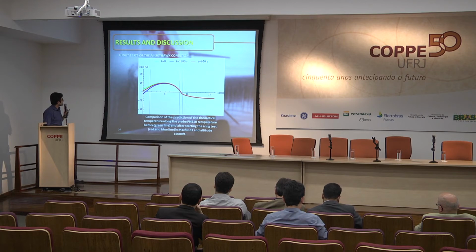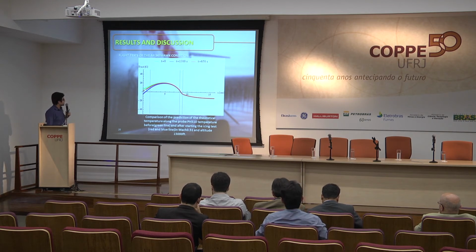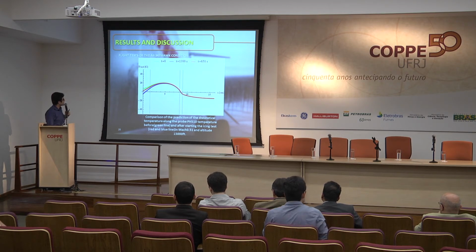In this one, we compare the prediction of theoretical temperature along the P2 tube before and after starting the icing test. In this part, the green line shows the temperature before starting the icing in our model, and after, as time goes by, our model with the icing shows the decreasing of the temperature.